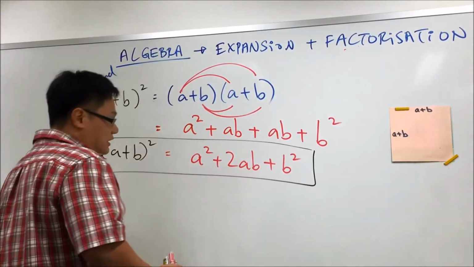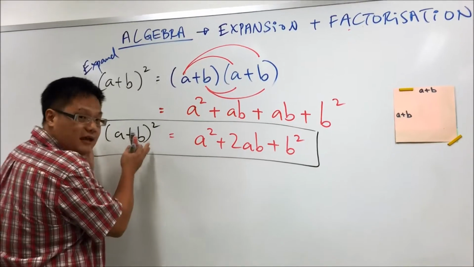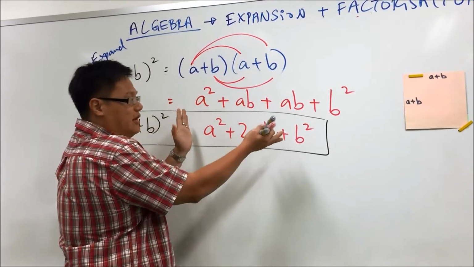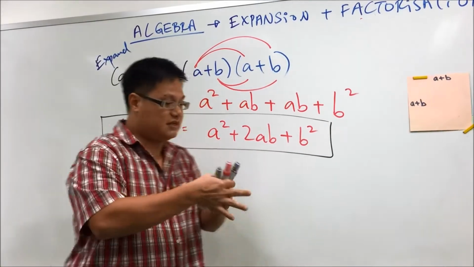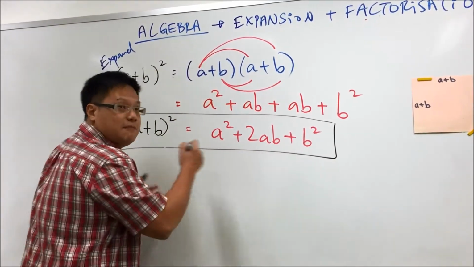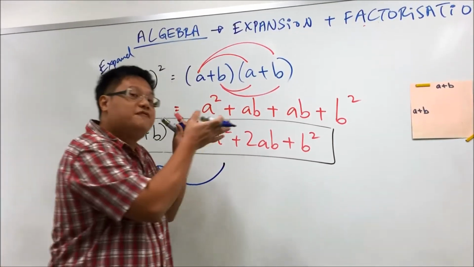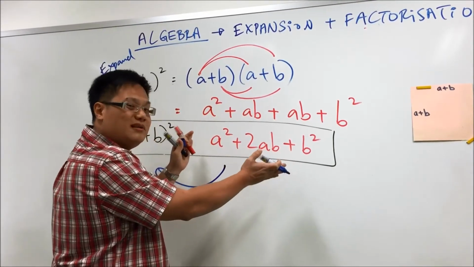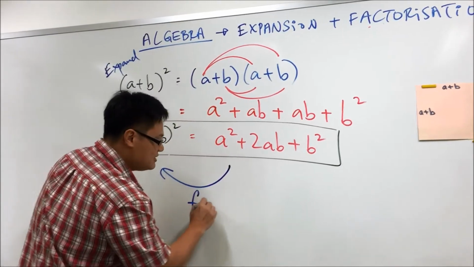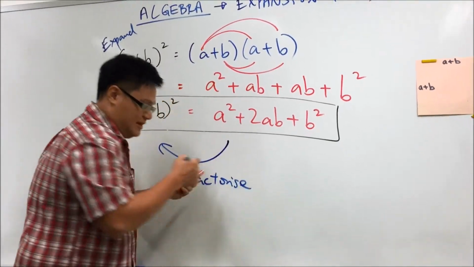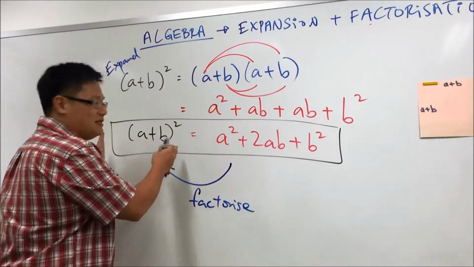When you expand (A plus B) squared, you end up with A squared plus 2AB plus B squared. If I were to take this process backwards and factorize A squared plus 2AB plus B squared, I should get back (A plus B) squared.